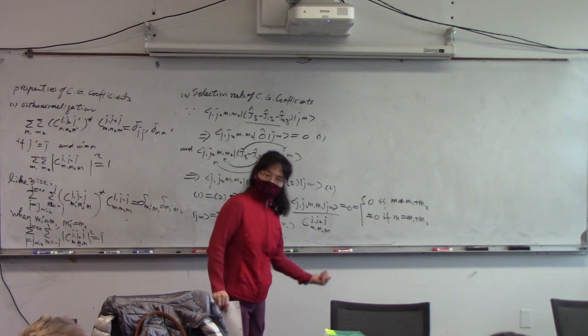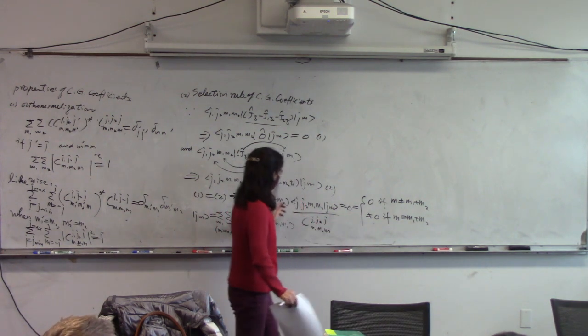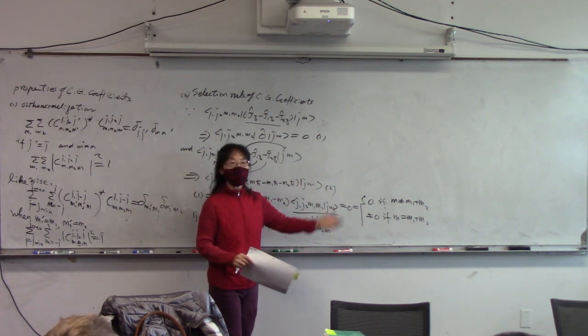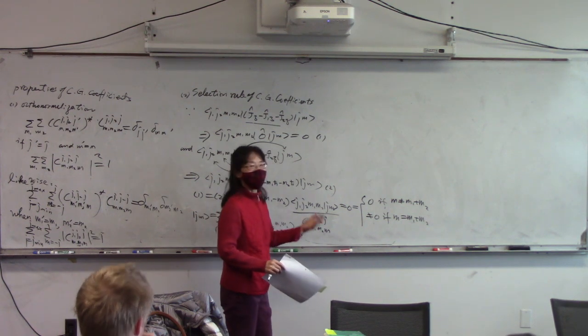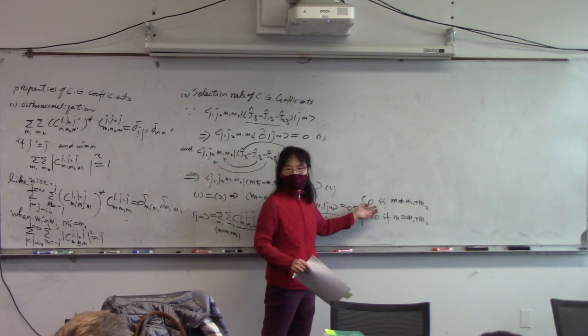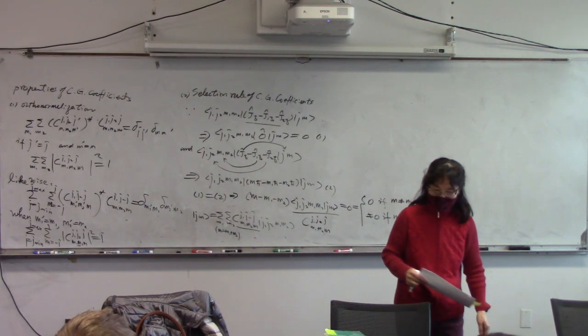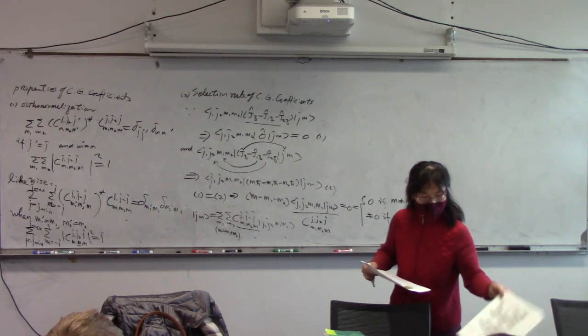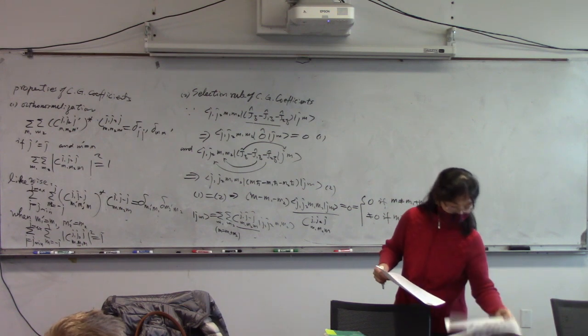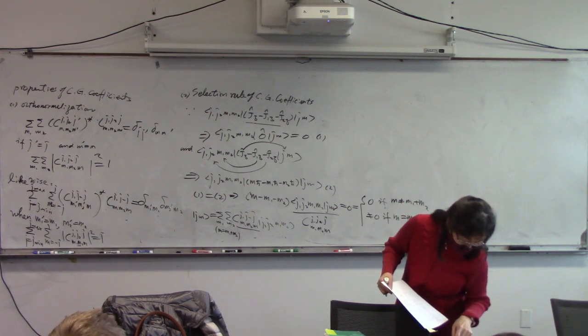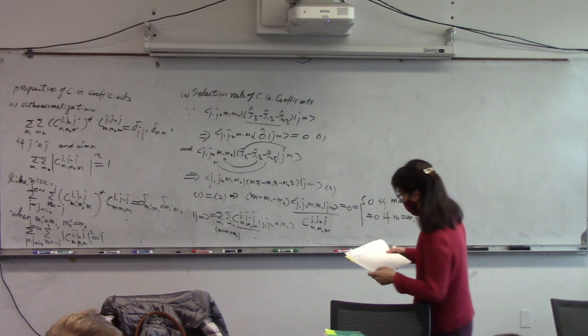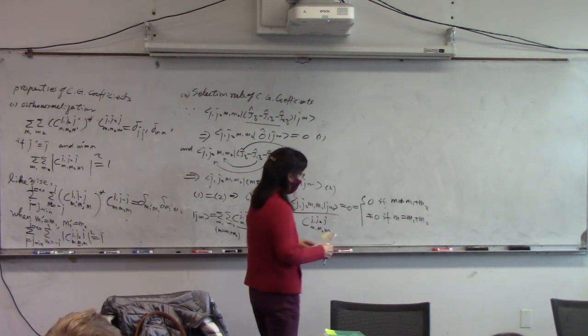Yeah, that might be, but I think all zeros would satisfy this one. So far I haven't seen any 0 coefficient for this case; I'm going to give you the table. Okay, all right, so that is the property.